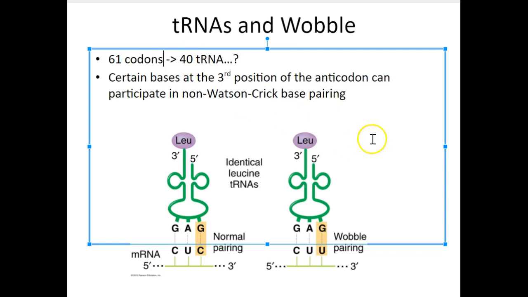And yet there are only 40 transfer RNA molecules. Here's a transfer RNA molecule that's carrying leucine, and here's another transfer RNA molecule that's also carrying leucine. If you look at the codon table, you'll notice that there are several different codons that encode leucine that can be found on the messenger RNA strand.